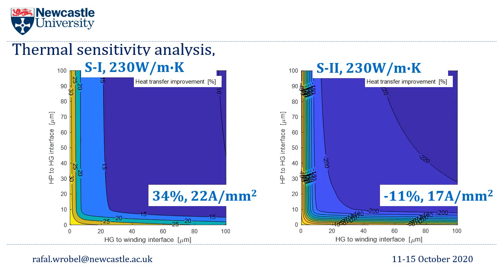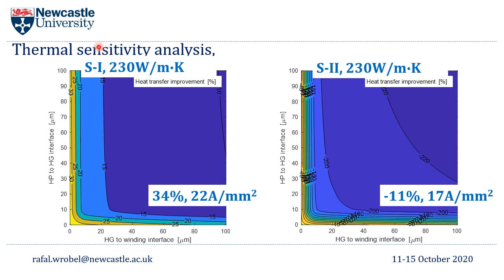The initial sensitivity analysis assumes DC loss in the winding as the main loss source or heat source. Those two contour plots show heat transfer improvement with the baseline thermal management system used as a baseline.